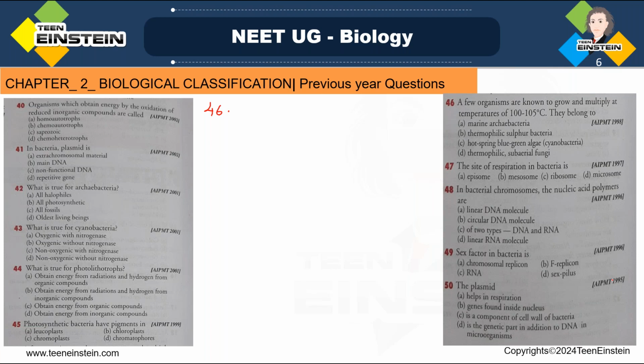So here it's a very direct question: the organisms which are known to grow and multiply at a temperature of 100 to 105. They are thermophilic because they have a positive tendency towards higher temperature, right? So they are thermophilic.